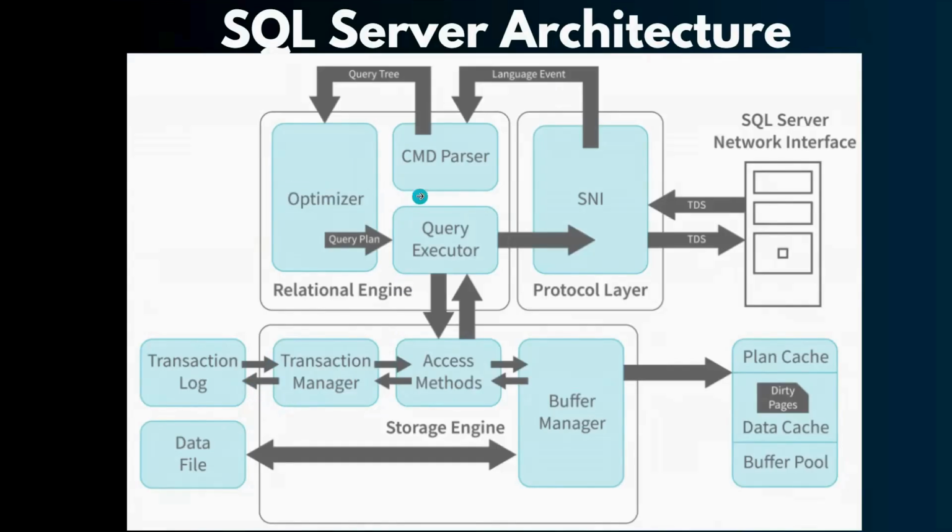While the relational engine is called the brain that decides what data to access and how to process it logically, the storage engine handles the how at the physical level: reading from and writing to the files, managing the memory caches, enforcing the ACID properties, and dealing with concurrency. It interacts directly with the relational engine and the operating system for I/O operations. The storage engine is what makes SQL Server reliable for production workloads.